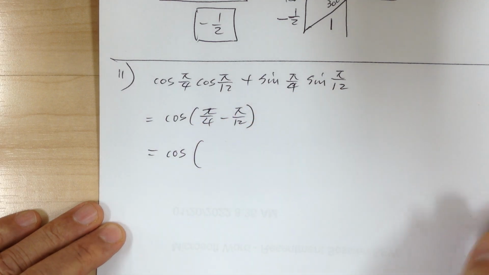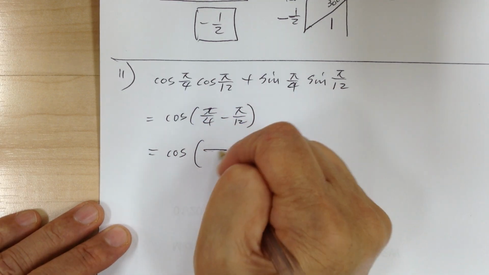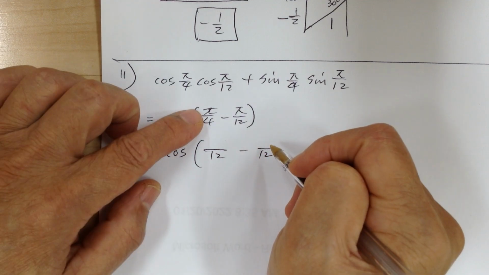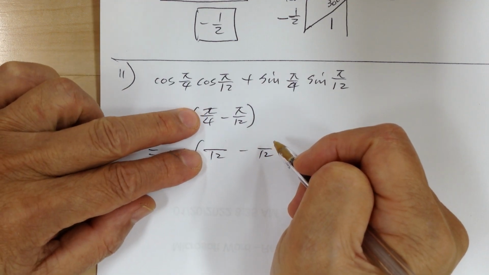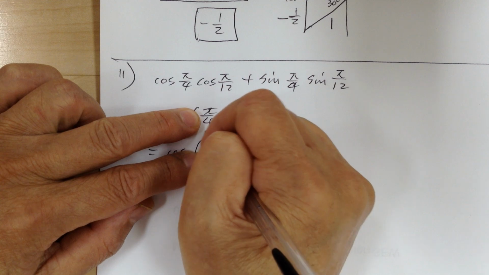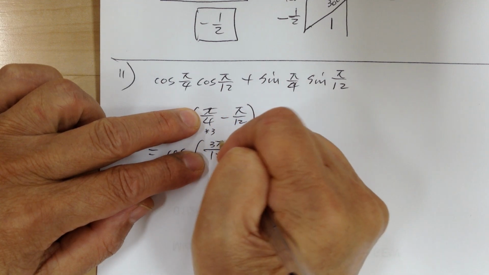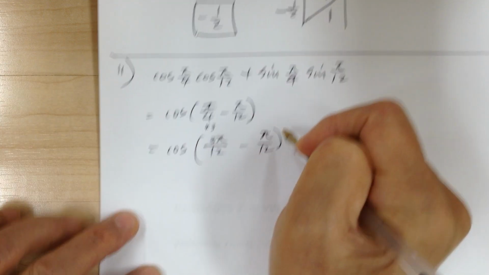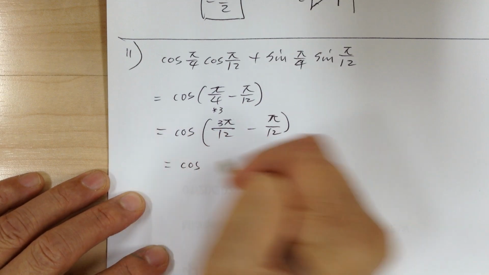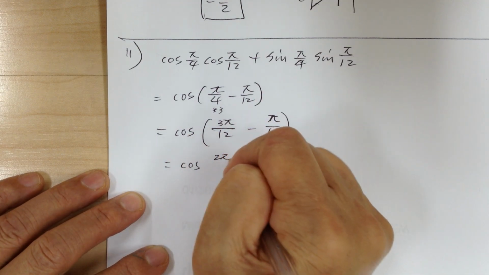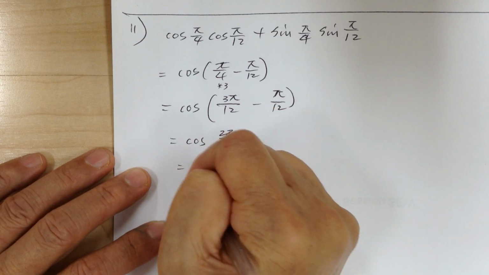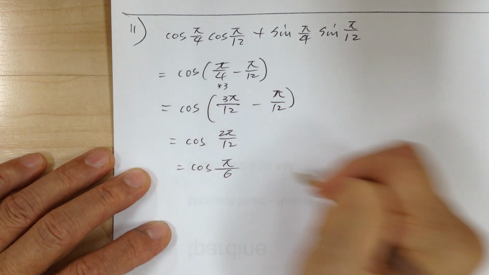And we make it into a common denominator. From here you have to multiply by 3, so it will be 3 pi. And so this will equal cosine of 2 pi over 12, which is equal to cosine of pi over 6.